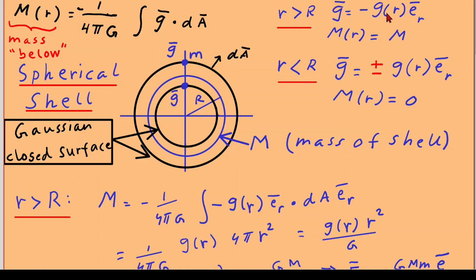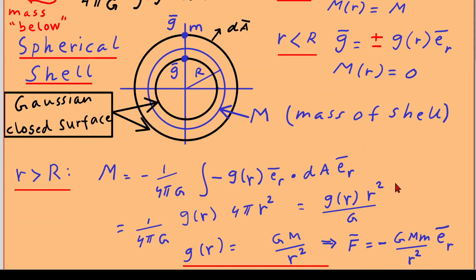Minus GR, ER. And then the dot product with the area element, which is always directed in the outward direction from the surface. So, like this. So over here it would be directed like that, and here directed like that, whatever. And then that is just the area times the basis vector ER.